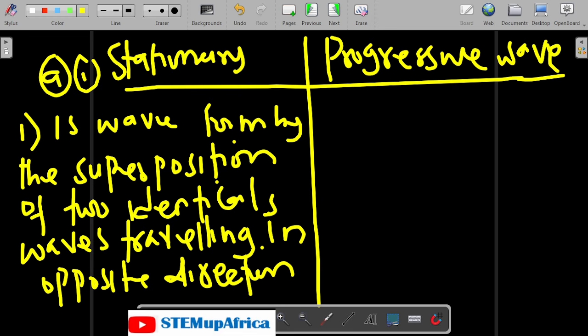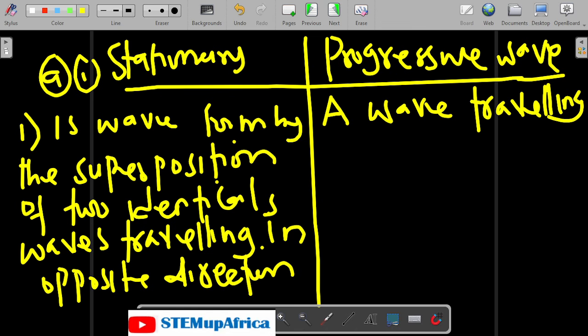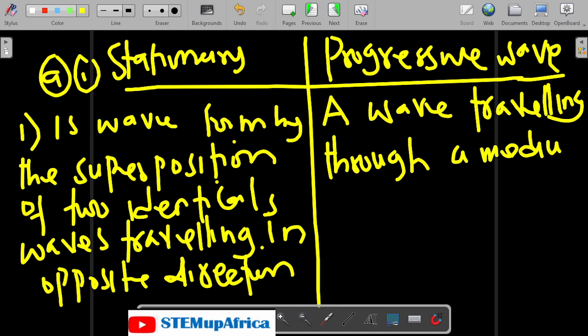Why a progressive wave? A wave traveling through a medium and continuously transferring energy.